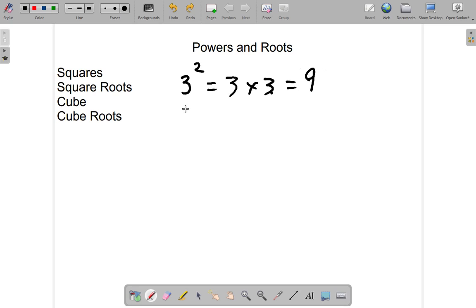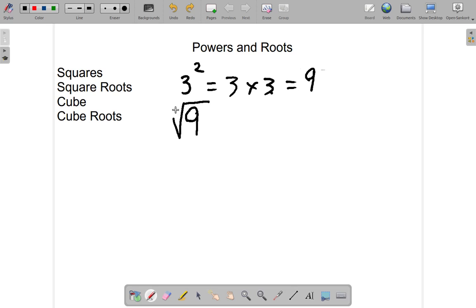Now how do we go from 9 back to 3? What we say is that you start with 9, and what we want is what is called the square root of 9. The square root of 9 is a number. When you put 2 of them together and you multiply them, you get 9. In other words, the number multiplies itself to give you 9. The way you write the square root of 9 is this.